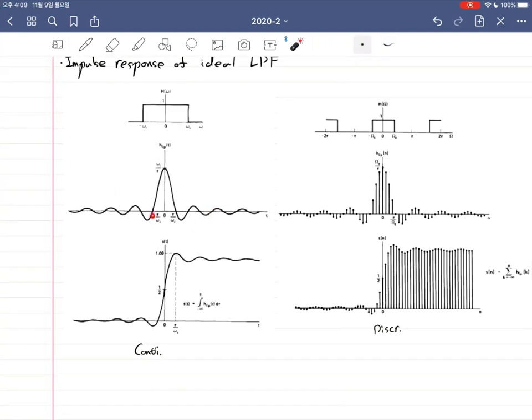So this is the impulse response for continuous time and discrete time, and this is the unit step response, the step response of the ideal LPF and ideal LPF in the discrete time.